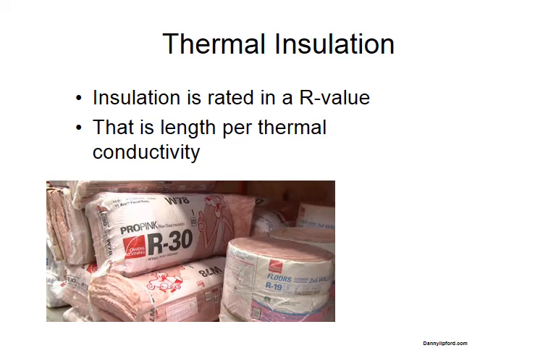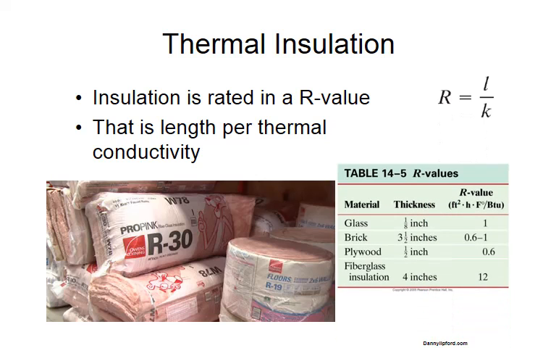So thermal insulation is rated for a certain R value, and the length per thermal conductivity we deal with there. So we have the different substances here. The R value of glass here is 1, whereas fiberglass is higher, and then other substances.